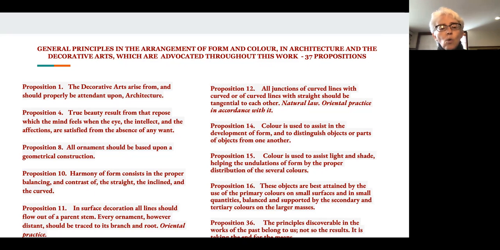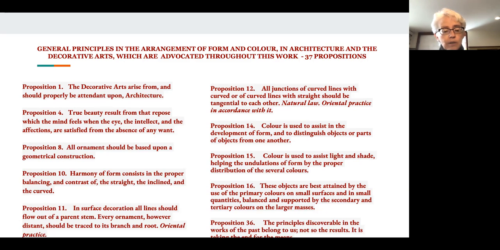Proposition 8, all ornament should be based upon a geometric construction. Proposition 10, harmony of form consists in the proper balancing and contrast of the straight, the inclined, and the curved. So we're talking about the line structural elements. Proposition 11, in surface decoration, all lines should flow out from a parent stem.